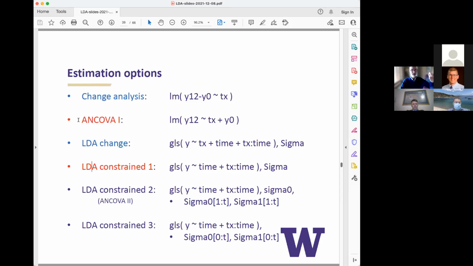I emphasize that ANCOVA 1 and longitudinal analysis, these are equivalent. I demonstrated that the change analysis in the longitudinal framework and in the simple framework are also equivalent.